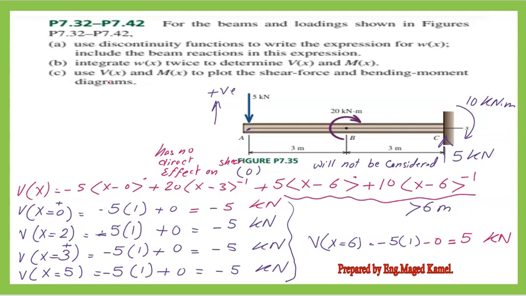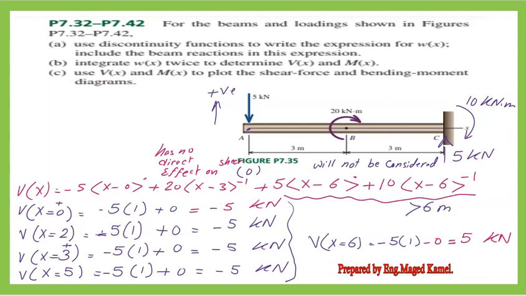We continue to estimate the shear value at x equal to 3. We have minus 5 multiplied by 1, 3 minus 0, and here we disregard the expression. So we have 0 minus 5. For V at x equal to 5, we have minus 5 multiplied by (5 minus 0) raised to the power of 0 equals 1, and this has no effect, so we write plus 0.